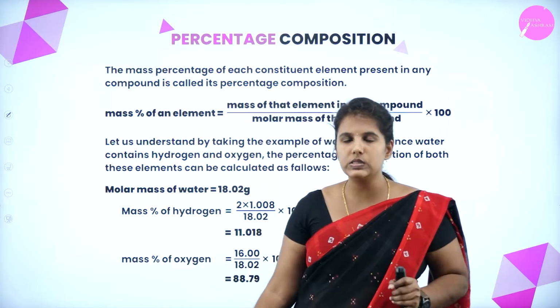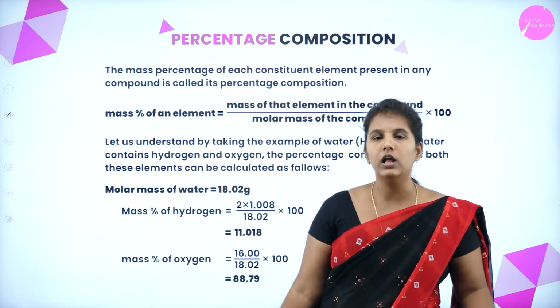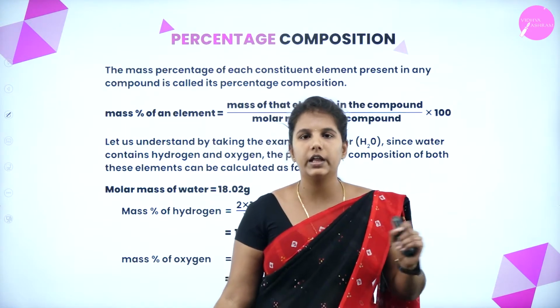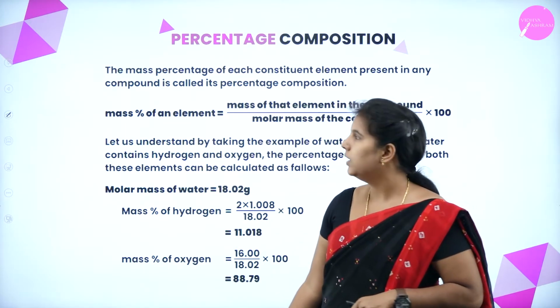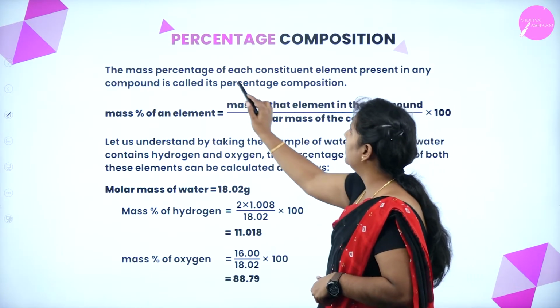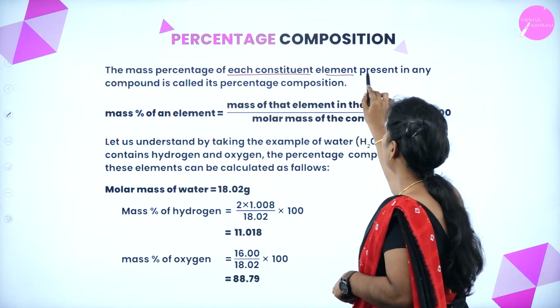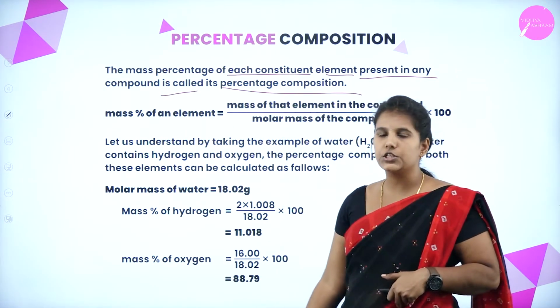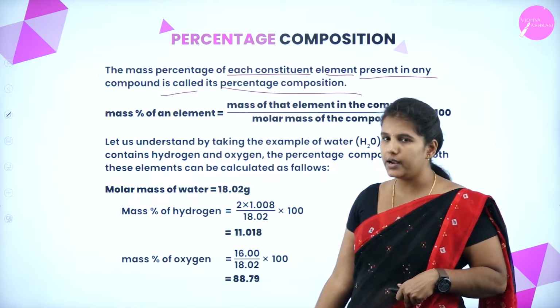That is why in chemistry we have a formula to count the elements found in a particular percentage in a given compound. The percentage composition is the percentage of each constituent element present in a compound. How to calculate this?